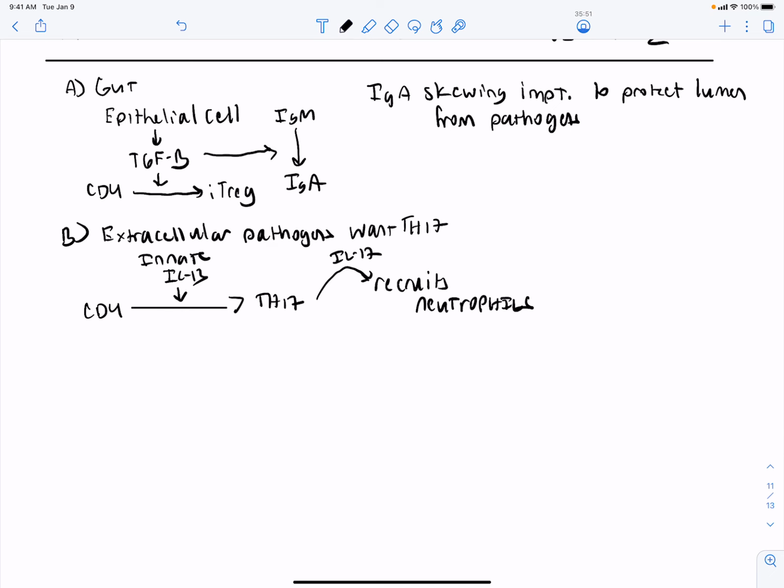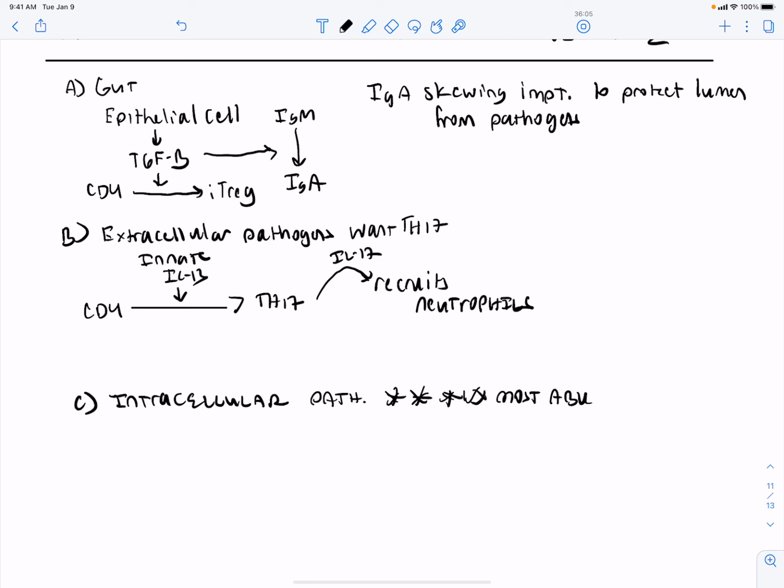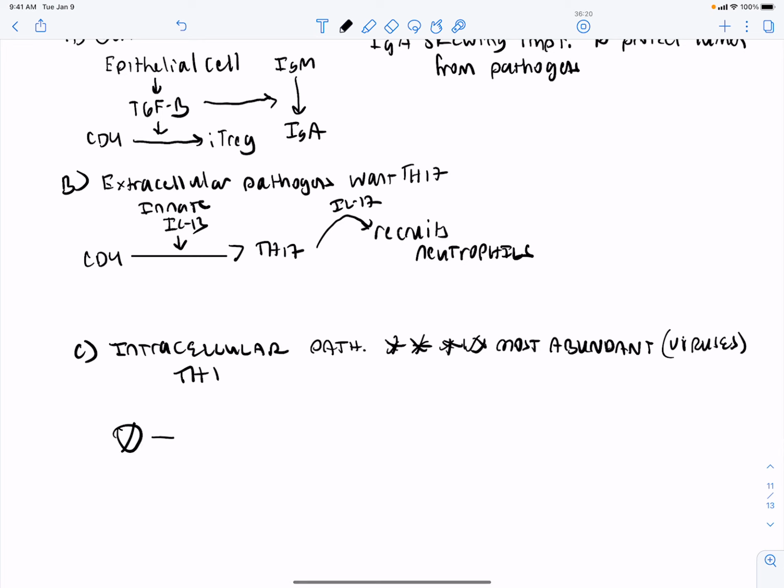And then we have our intracellular pathogens, which is the most abundant because of viruses. Viruses are our most common pathogens. And so for this one, of course, you want a Th1 response. And so in this case, your macrophage produces IL-12. This activates your NK cell, which then produces your interferon gamma.